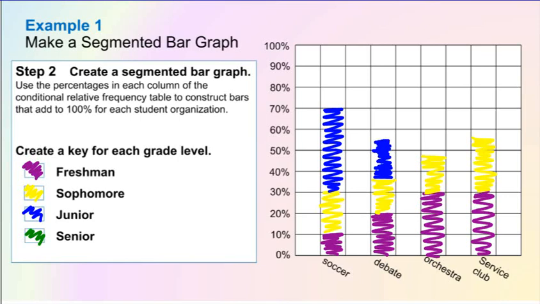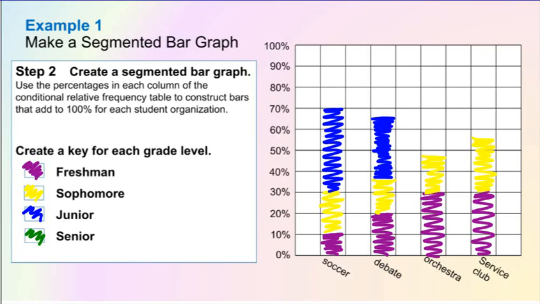15, 20. There's 20, there's 25. We've got to get to 30. So we're at 25, and 30 would be here.